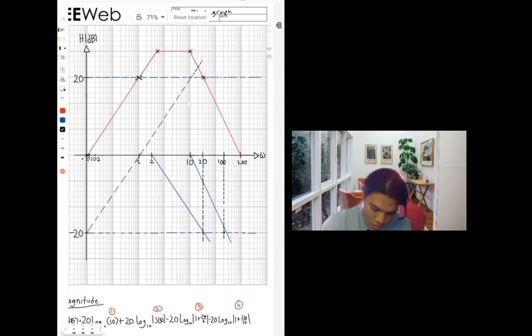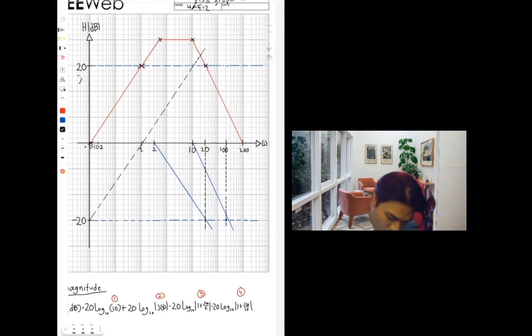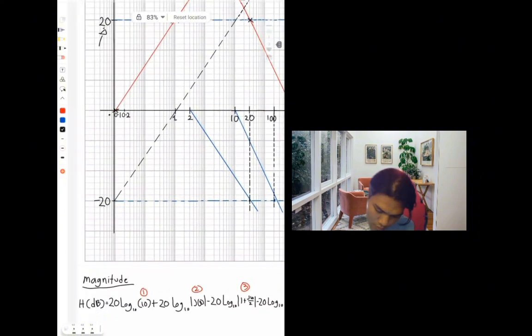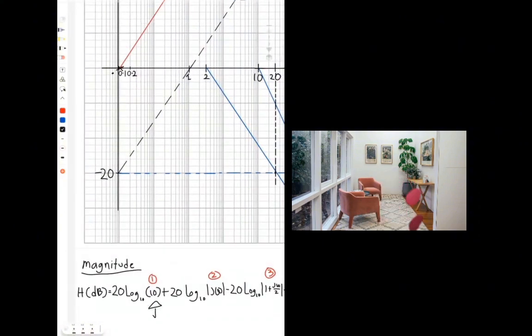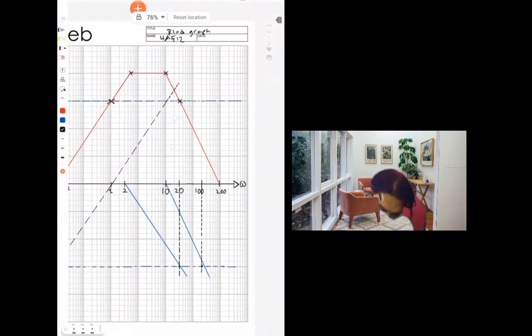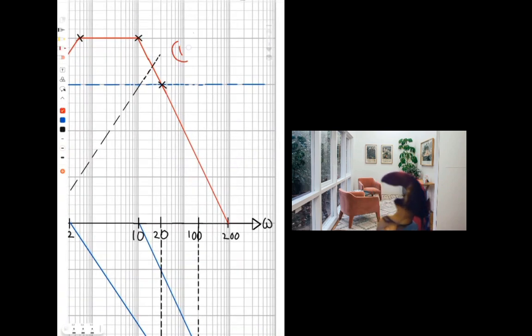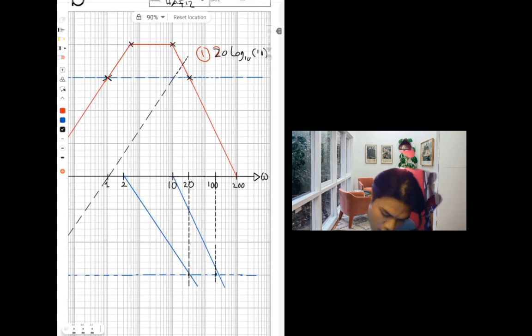The first one, if you can see from this side, this is from this equation. So in this part we just draw 20 log 10 over 10. Okay, so this is the first one, as we know.